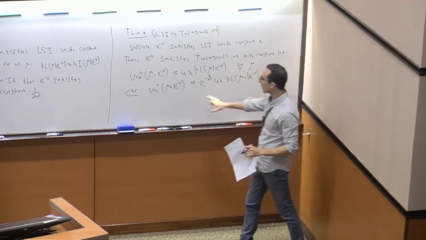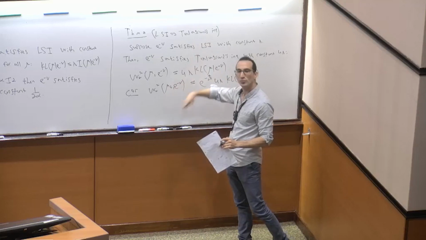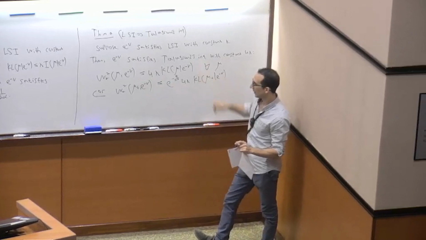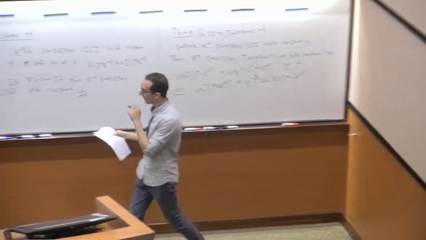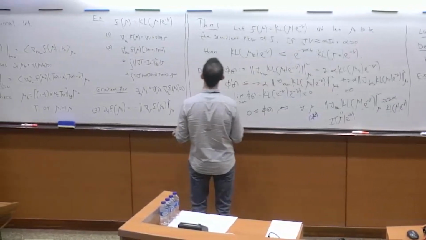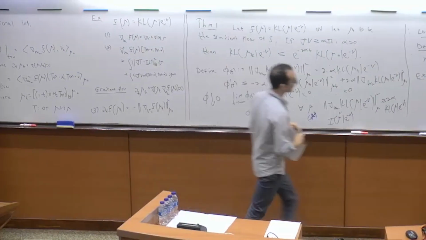So we have convergence not only in KL, but also in W2, but convergence in KL would be stronger than W2 under these assumptions.